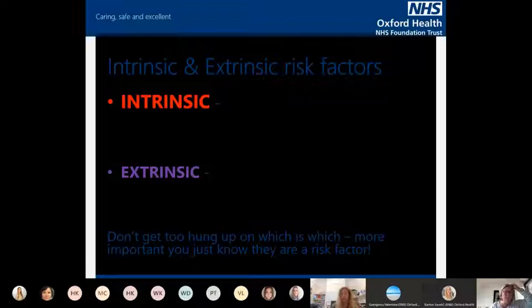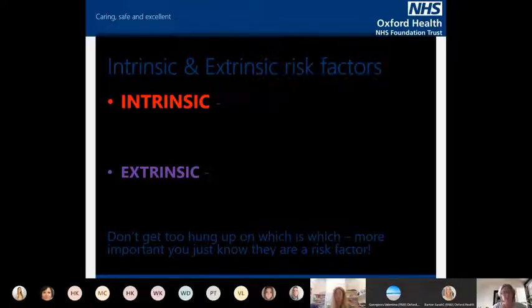Right, we don't want you to get too wound up about these terms, intrinsic and extrinsic factors, and we did talk about whether we were going to mention them or not. We are really only mentioning them because, in my head and as a checklist, when you're doing an assessment, I find it quite useful to think, I need to think about the whole patient. For me, I split that into intrinsic and extrinsic. Intrinsic is just things that are within the body, so existing diseases, diabetes and all the rest of it.